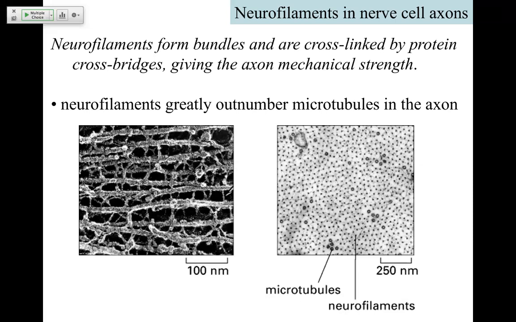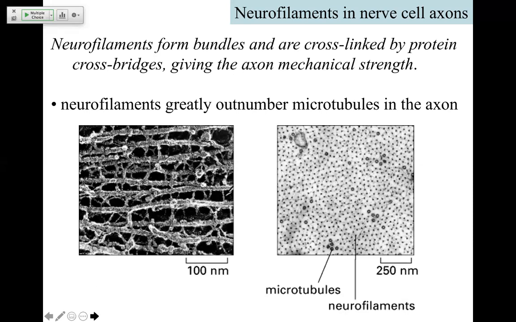Microtubules in an axon serve as tracks that vesicles full of neurotransmitter can travel on from the nucleus down to the axon terminal. So the neurofilaments are providing support and strength, these rope-like cables in axons, similar to, though carrying out a different role than, the keratins in epithelial cells.